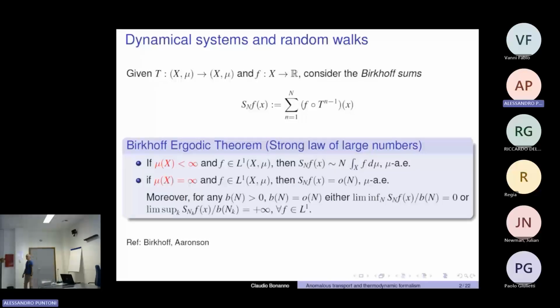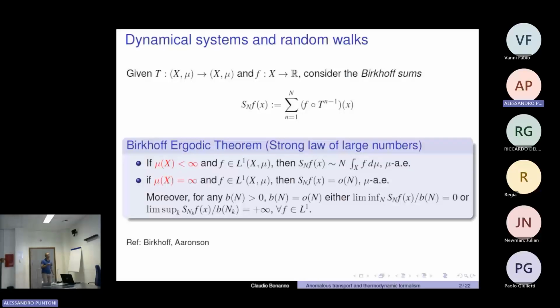There are situations in which the measure you would like to look at can be an infinite measure. For example, this is typical if you want to look at systems which can be models of physical systems in which the velocity is not bounded a priori. In this case, the phase space is naturally infinite, and your invariant measure will be infinite.